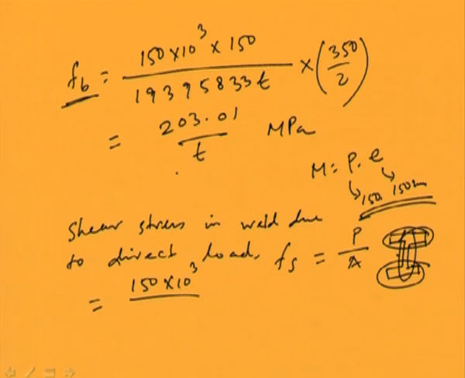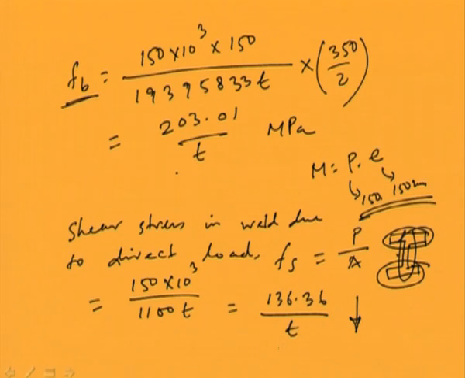So 150 into 10 cube by 1100 T, which is the area we calculated earlier. This comes to 136.36 by T, and this acts vertically, and this value will be the same throughout the section.